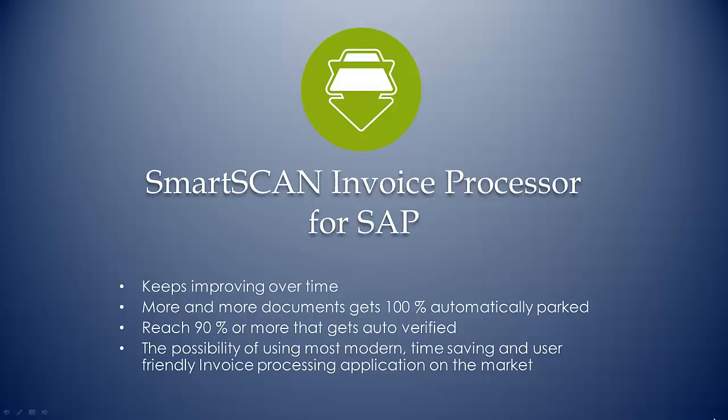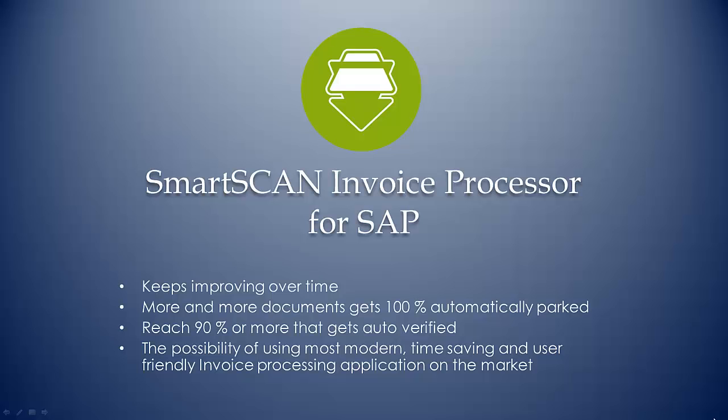This was only the second day of using SmartSCAN, and during the next month the system will learn what most of the vendor invoice layouts look like. The results seen at multiple companies that are using SmartSCAN is that after 1 month already 50% plus of invoices are being handled 100% automatically. And this number keeps growing and can easily grow towards 90% or even more.